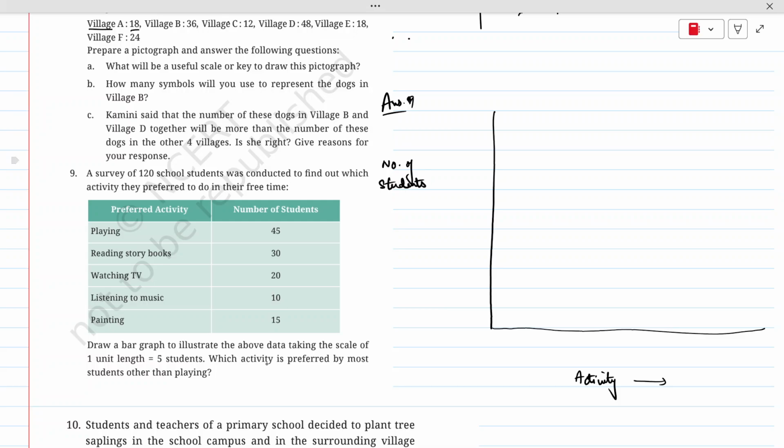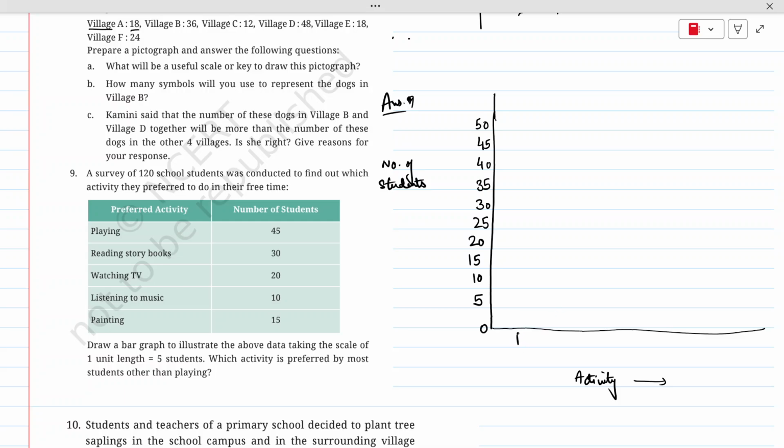The scale is one unit length is 5, so it will start like this: 0, 5, 10, 15, 20, 25, 30, 35, 40, 45. I'm making it till 50 because the last number is 45, so I am taking one more. Okay, so this is the graph, and on the horizontal axis I'm writing the activities.